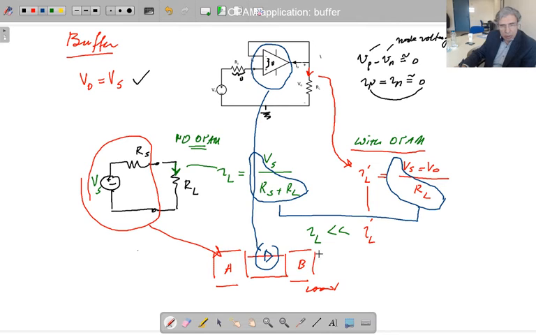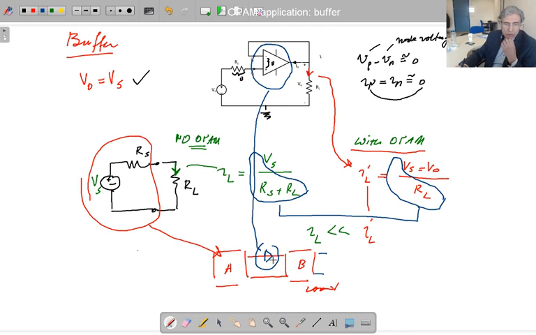So the output of this circuit is going to be my useful usage. So I am transferring the maximum power to this output by using this buffer.